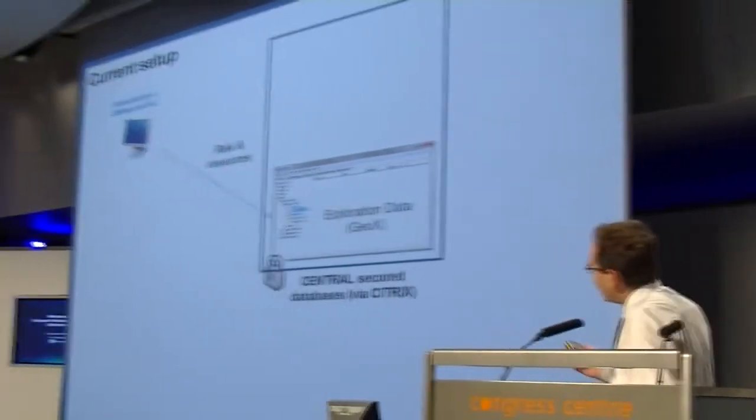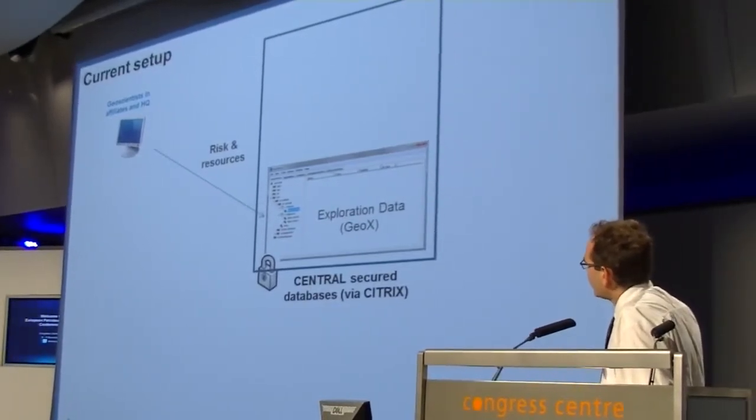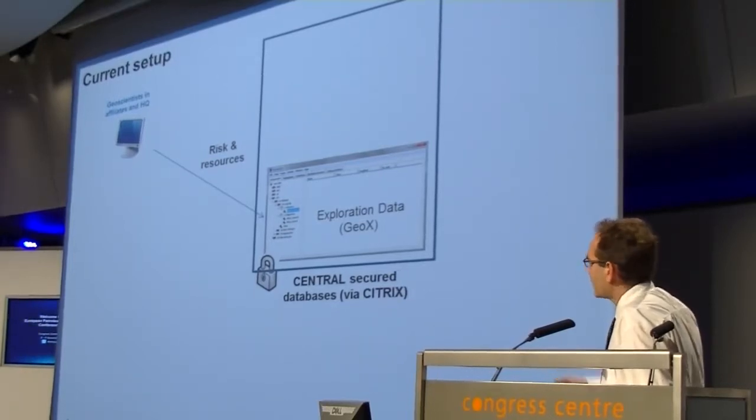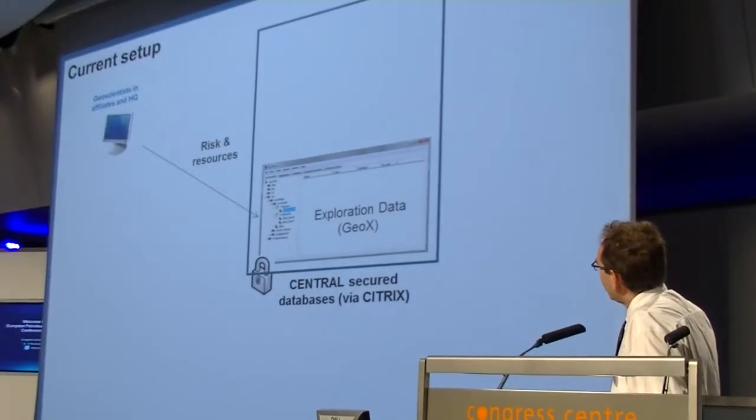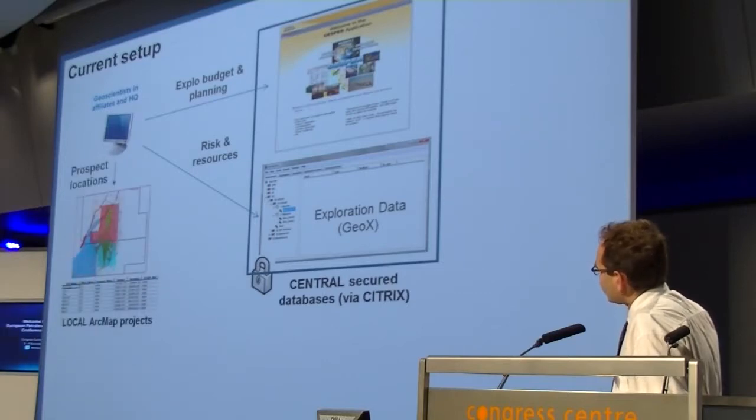So it's a unique database in the Total secure network, and people access the GeoX software through a Citrix client. The other important point is we also have an in-house exploration budget and planning database that is required quite often and is very important. That comes together with this evaluation of risk and resources of the prospect.